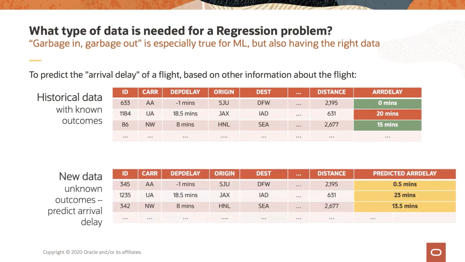At the end of the day, when the new data comes in, you split that data out and get a new data set, which is your test data set. That new test data set is going to have the same variables, the distance and all of those things, but now you want your model to predict the arrival delay.